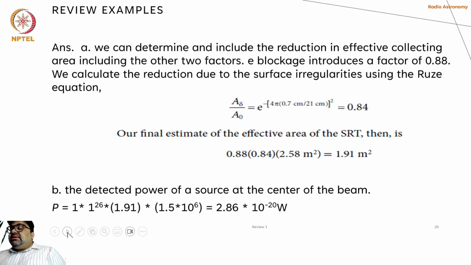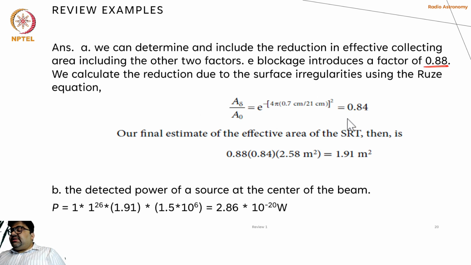So you can assume the efficiency is reduced further. You had 0.82 before, and now you include the other 12%, so the blockage introduces a factor of 0.88.